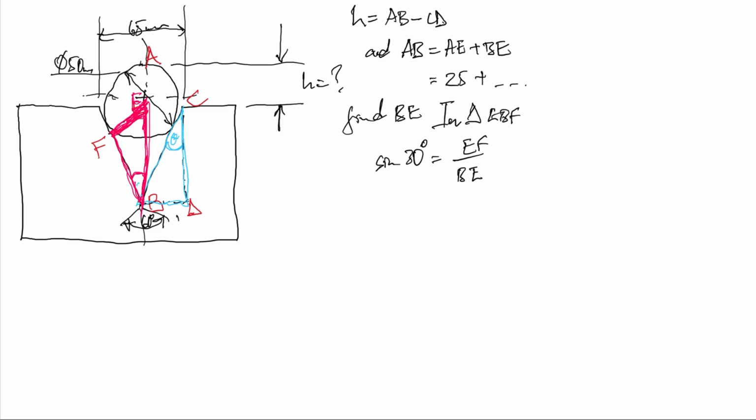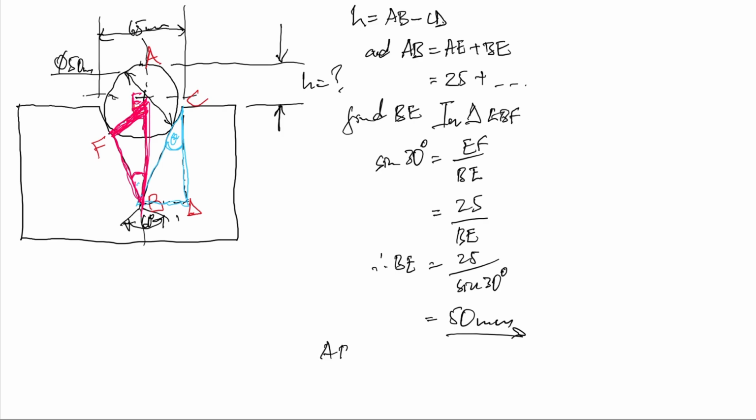Now, EF is how much? From the center to F, which is 25, the half of the diameter. So sine 30 degrees equals 25 over BE. Therefore, BE is equal to 25 over the sine of 30 degrees, which is going to give us 50 millimeters.